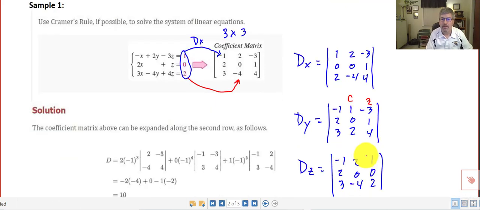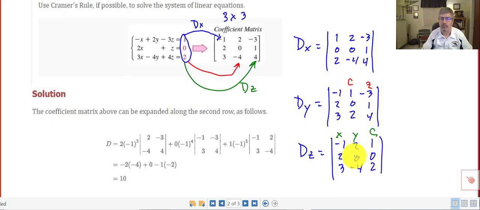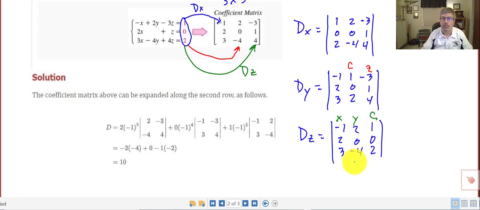And then D sub z, same thing: we would take our constants and replace the z values with our constants 1, 0, 2, and that's what we have done. So we've got our constants, and our x coefficients and our y coefficients. We're going to need those three matrices in order to solve our system.